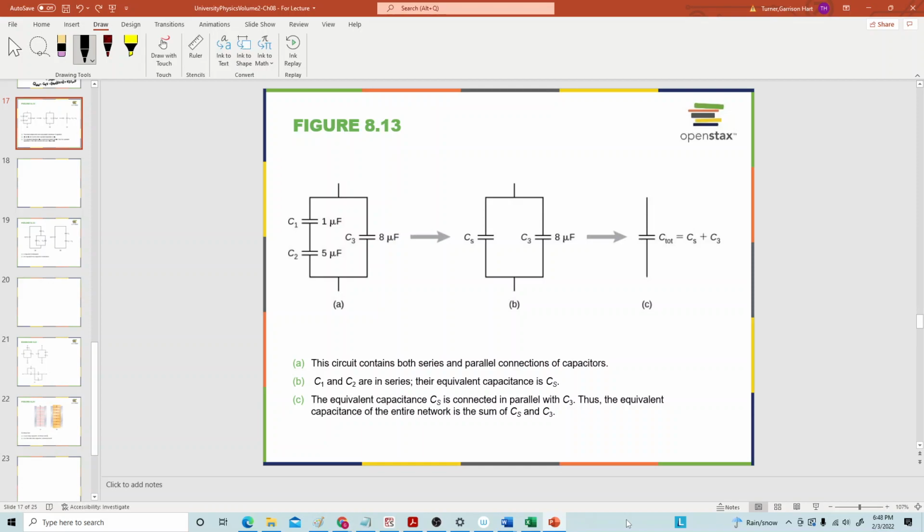Okay, so let's start with this particular example.